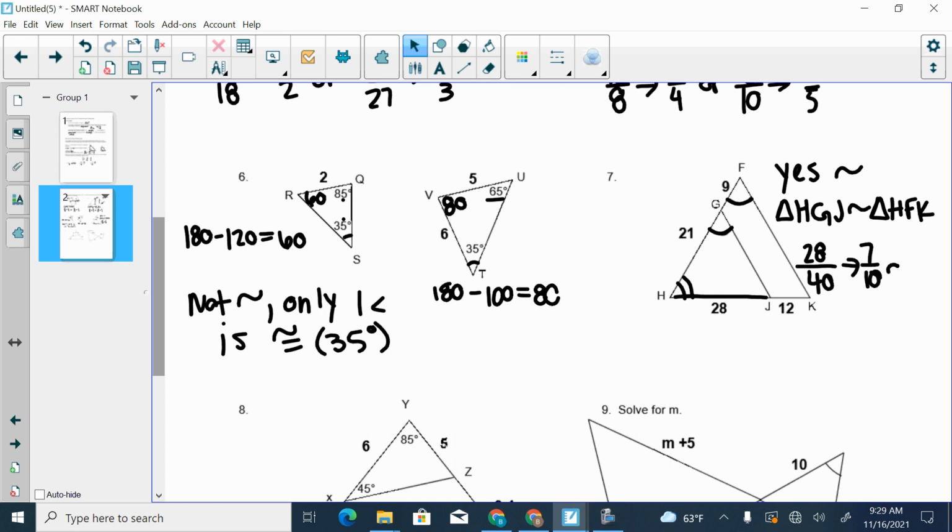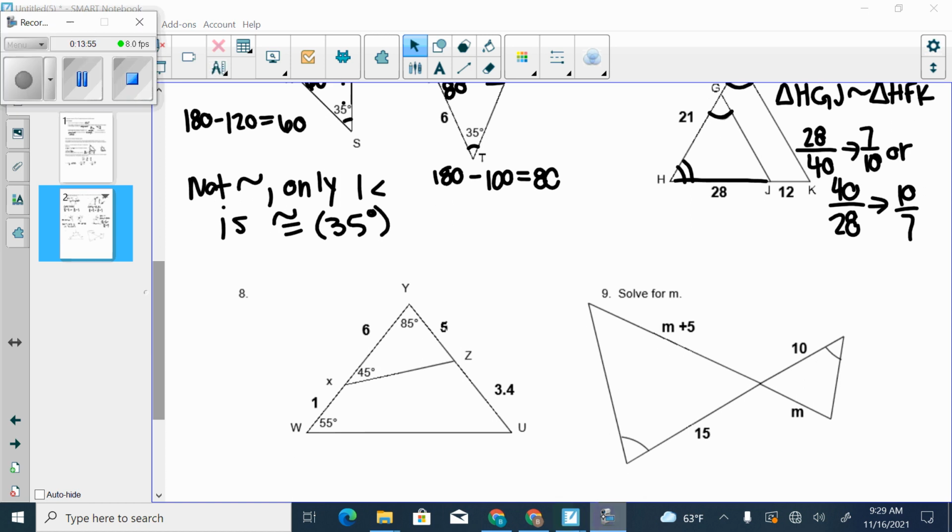Okay, we also could have that flipped over, 40 over 28, which would simplify to 10 over 7. Alright, so on to the next example.